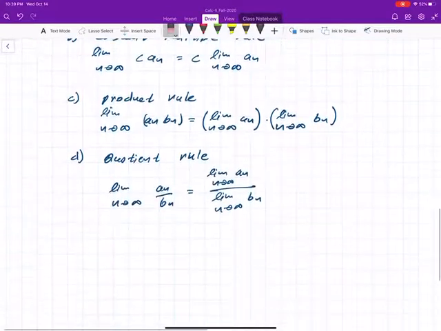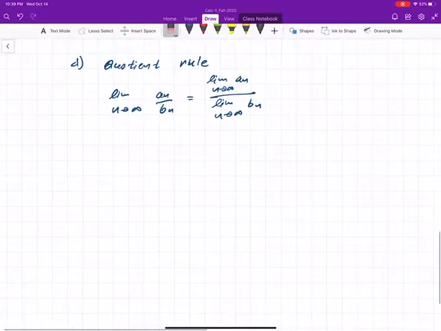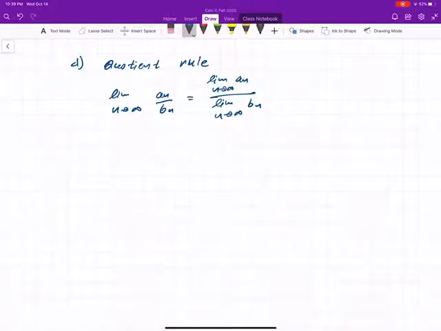Now let's learn a new example. This is example number 2. Find the limit of n over n plus 1, n goes from 1 to infinity.